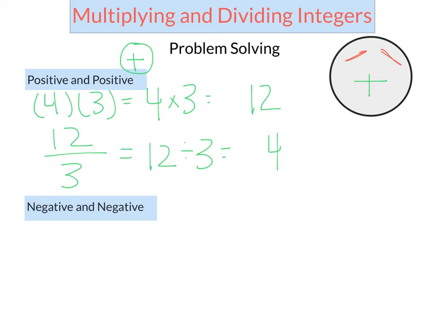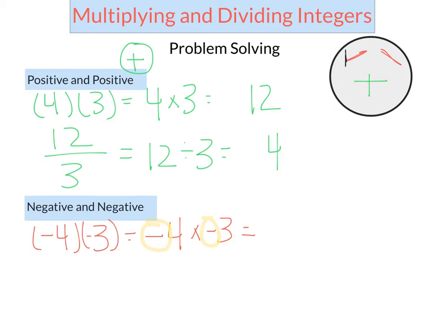Let's try some negatives now. Let's do negative 4 times negative 3. Remember, that is written the same way as negative 4 times negative 3. If I use Dozy Man, I'm going to cover up the two signs that I am using. That means I'm going to cover up a negative and a negative. So let's scratch those out.